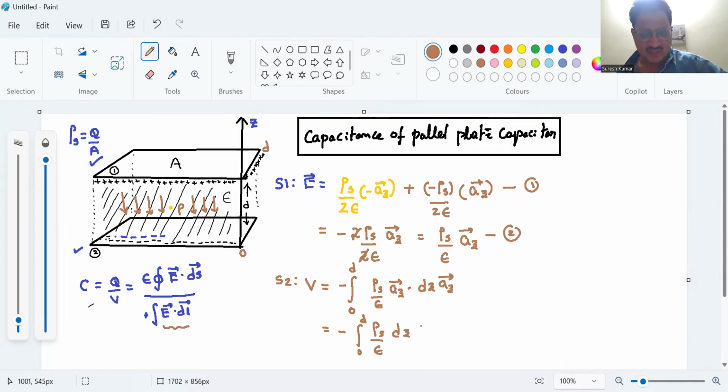After substituting the limits, I'm going to get V is equal to rho s by epsilon into d.